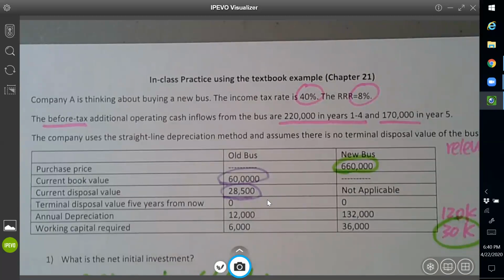This question told you the current book value, but in some multiple choice questions in the assignment, they don't tell you. So you have to make sure you calculate the current book value. But this one already told you book value is 60,000, but you only sold at 28,500. You have a gain or loss. Tell me. You have a loss, right?